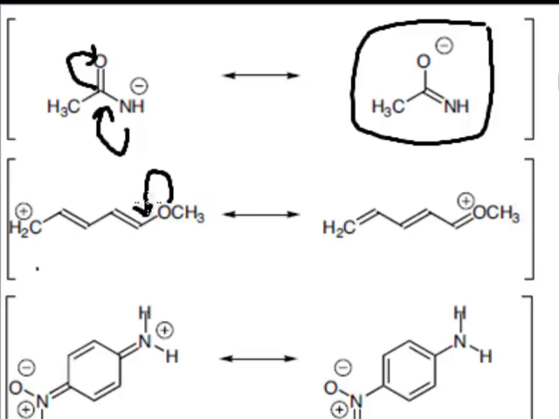Again, forming that double bond would cause the adjacent carbon to have 5 bonds. So we'll need to take that double bond, meaning the 2 pi electrons, and move it to the adjacent single bond.